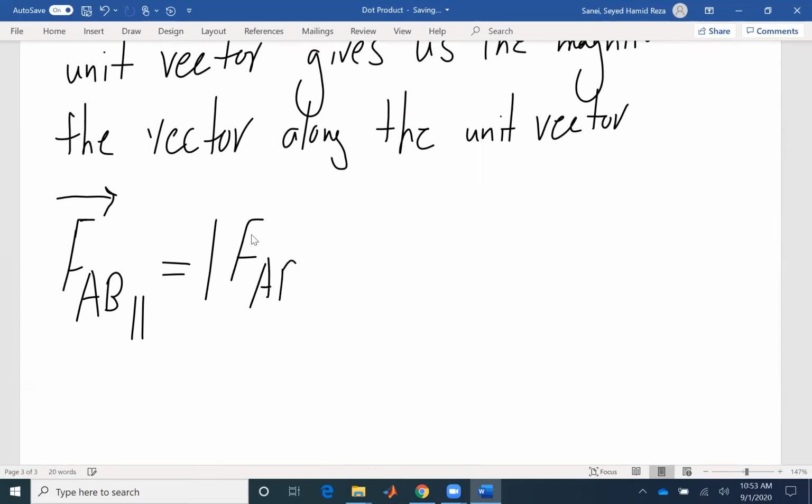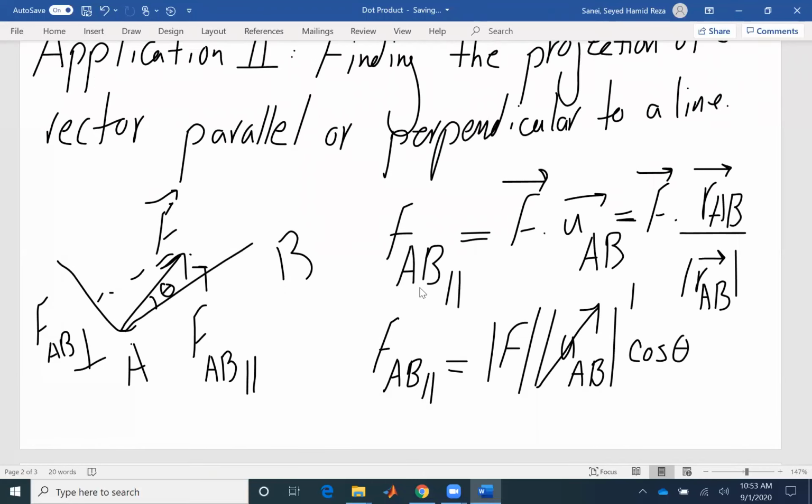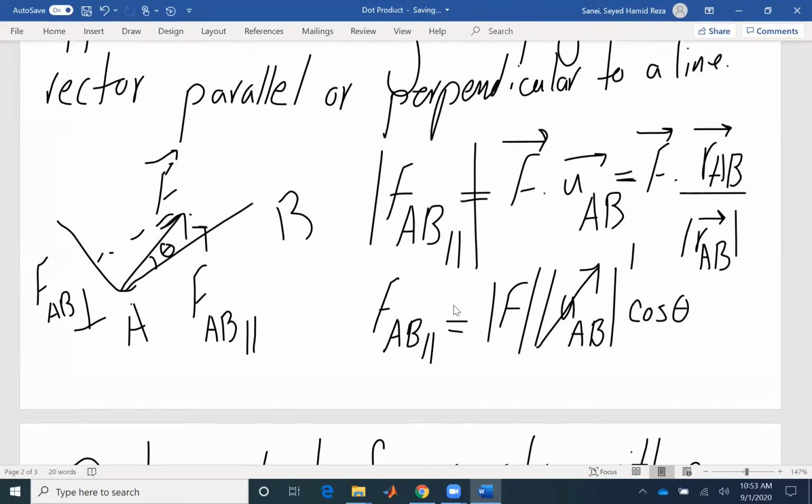I have F AB, the parallel component, times U AB. Not dot product. One of them is a scalar. This is a vector, so it's simple multiplication. Multiplication of a vector by a scalar. I get it in a vector form. But here I get a magnitude. I can show it by the magnitude sign, but it should be obvious the result of a dot product is a magnitude.